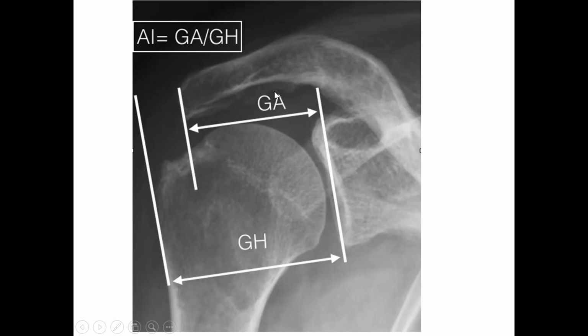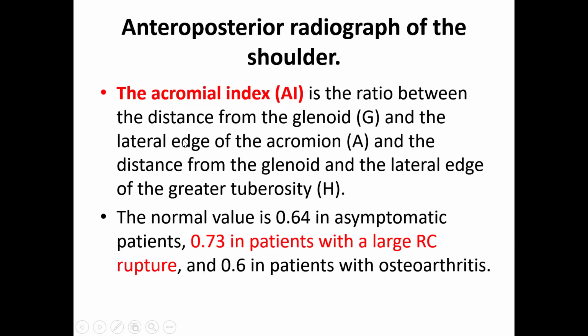Then the ratio GA divided by GH is called the acromial index. So the acromial index is the ratio between the distance from the glenoid to the lateral edge of the acromion and the distance from the glenoid to the lateral edge of the greater tuberosity of the humerus. The normal value is 0.64 in asymptomatic patients.